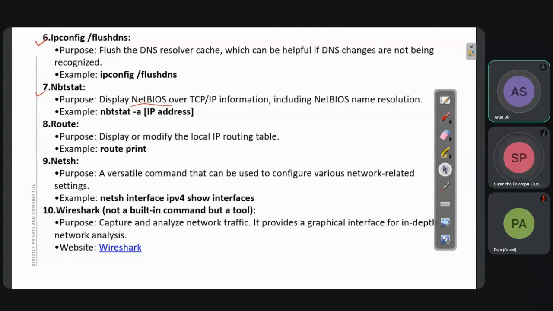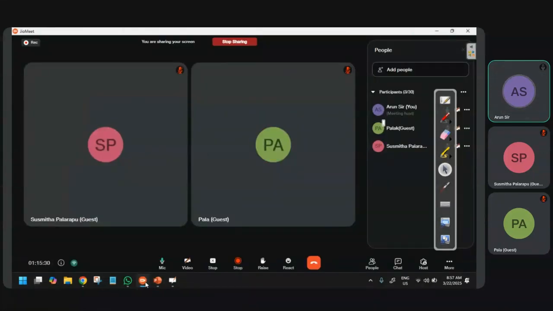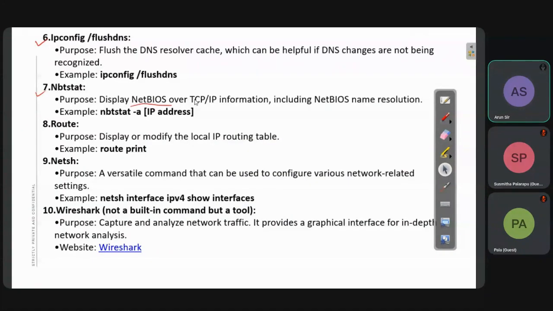It is ipconfig forward slash flushdns, and this full thing is one complete command. Okay, got it.